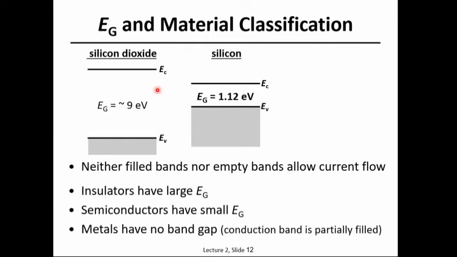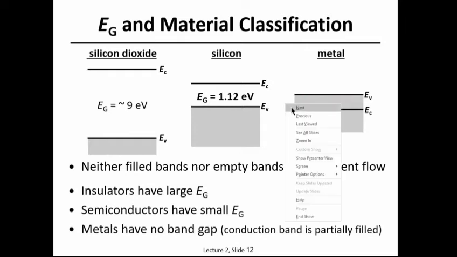So silicon dioxide has a very large energy gap, so it's referred to as an insulator. Now on this side you will see the metal, which has the EC and the EV overlapping, so it's all filled. There is no energy gap between them.